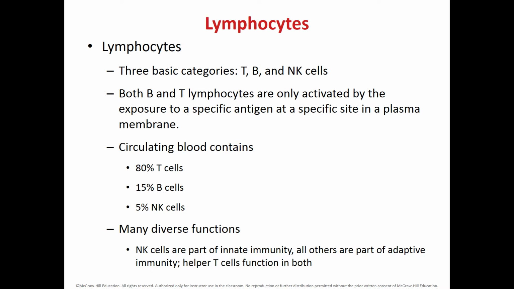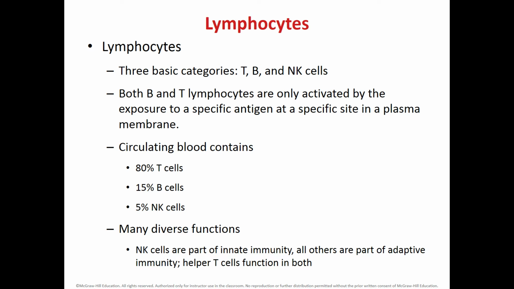And then these lymphocytes will be subdivided in percentages. So the most abundant lymphocyte that we have will be the T cells, 80%. 15% will be B cells, and 5% will be NK cells. And the NK cells are part of the innate immunity, but can also be part of the adaptive immunity.